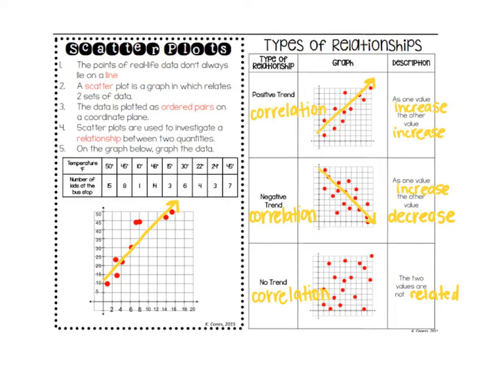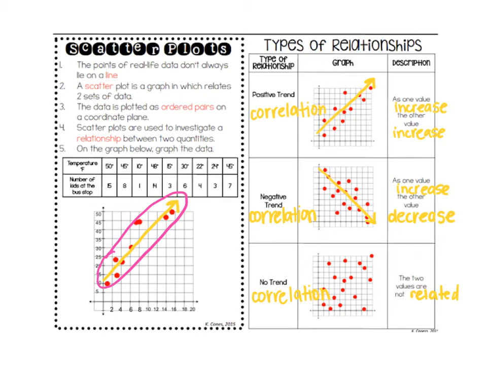If I look at the example we originally looked at for the temperature and the bus stop, I can see that it's pretty compacted together. Again, it's not a perfect line, but all of the points are pretty close to that line. So I could confidently say that there is a strong relationship between the temperature and the number of kids at the bus stop.